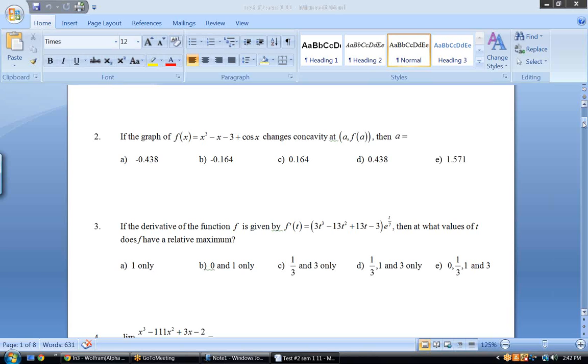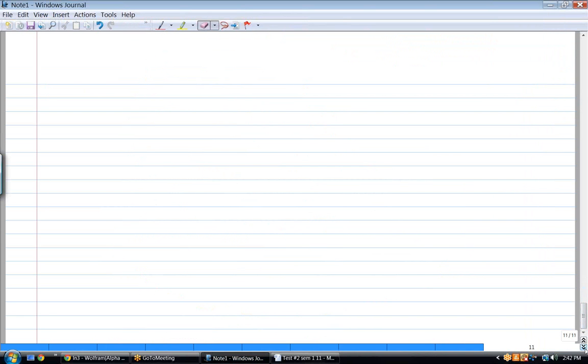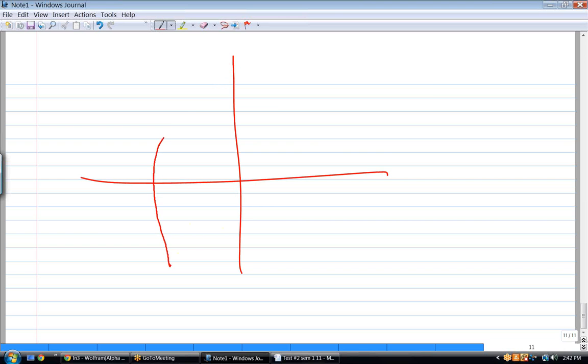Okay, to find where a function changes concavity, we are going to look for the inflection point. In other words, if I have a function like this, it changes concavity somewhere in there.